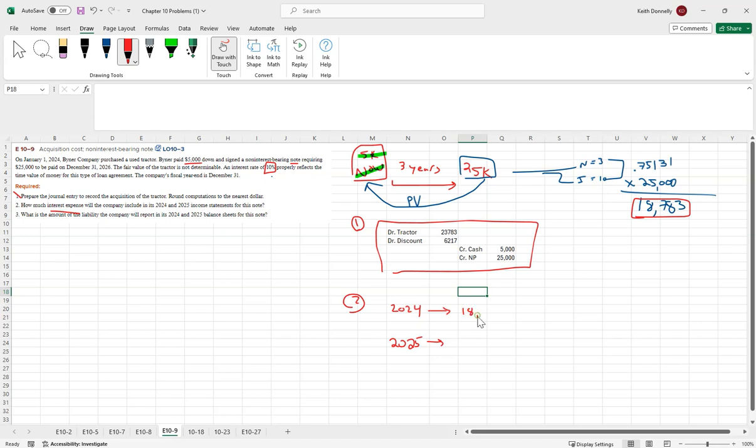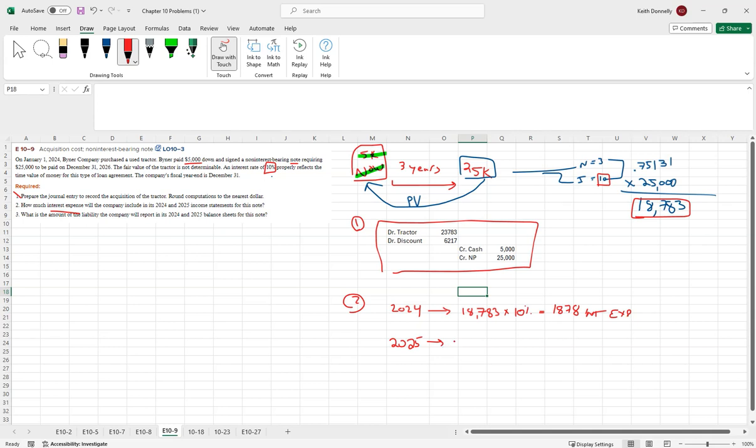We shrunk it down to 18,783. We used a 10% discount factor there, because we're trying to build this thing up. We're looking at 1,878 2024 interest expense on there.